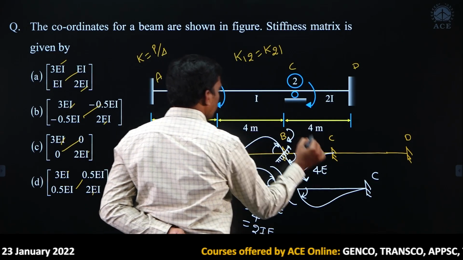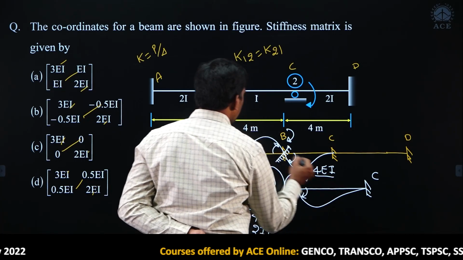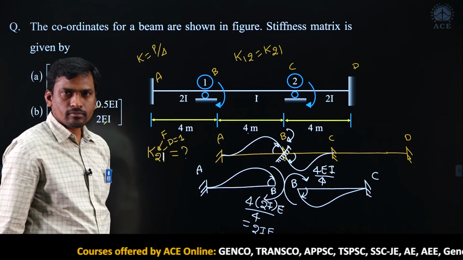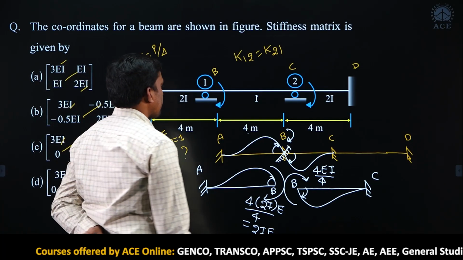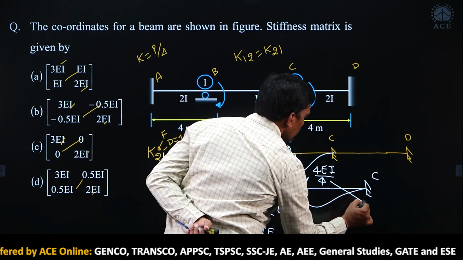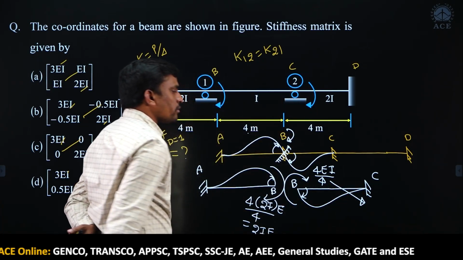I is given, I only, and what is the span given? 4, then this is EI, okay.